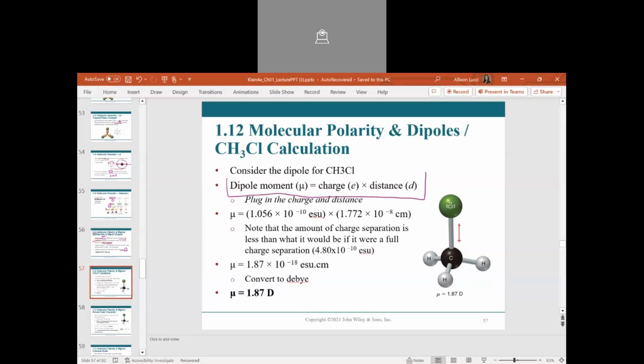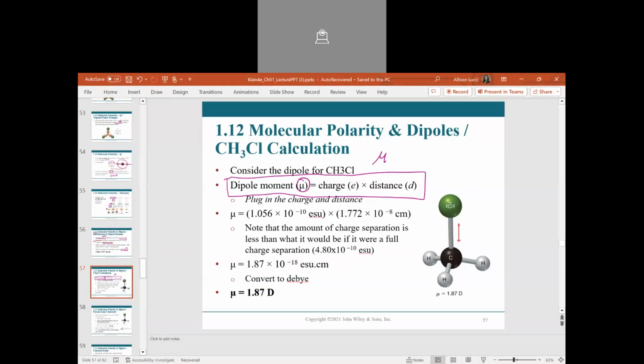So it's the product of this charge, or e, and the distance between the two atoms that we're referencing. So the dipole moment for the bond is abbreviated as this mu, this Greek letter mu, and the calculation is in these electrostatic units, so ESU for the electric charge, the electron's charge, and then this over here is measured in centimeters.